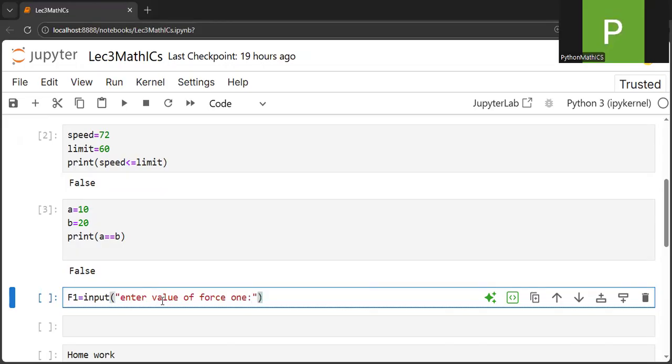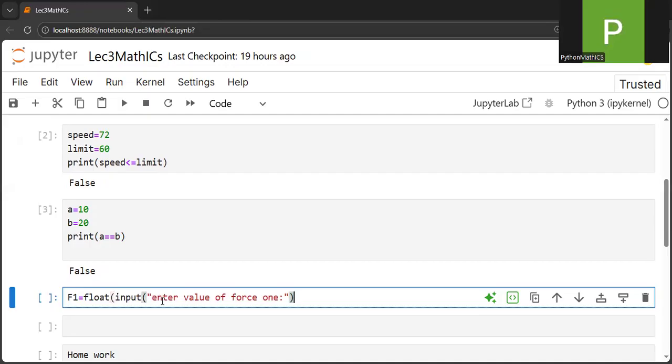Because whatever input we give from the keyboard is basically taken by Python as a string, we need to convert this string into a numerical value. So normally we use float. I will use float. You're familiar with this function. What does float do?